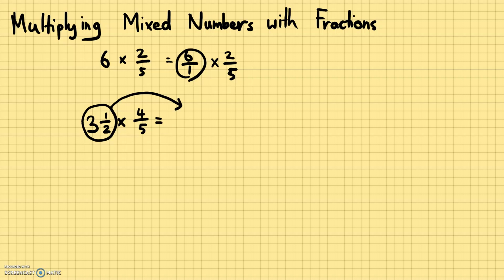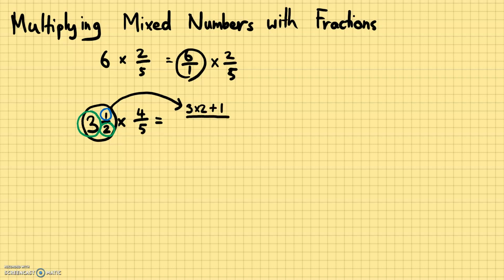Okay, how do you change the mixed number to an improper fraction? Remember, you multiply the whole number with the denominator, and then you add the numerator. So in this case, that would be 3 times 2, which is 6, and then plus 1.